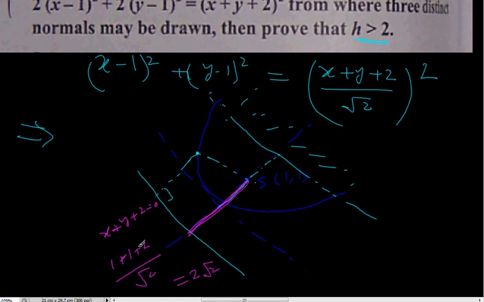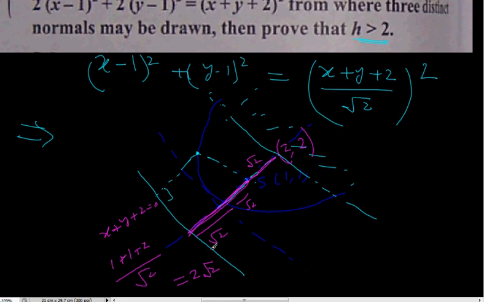2 root 2 means this distance is root 2, and this distance again root 2. And what about this distance then? This distance should be root 2. Then what is this point? This point should be (2, 2). Here m is equal to 1 for this axis, because it is m = -1 for the fixed line.